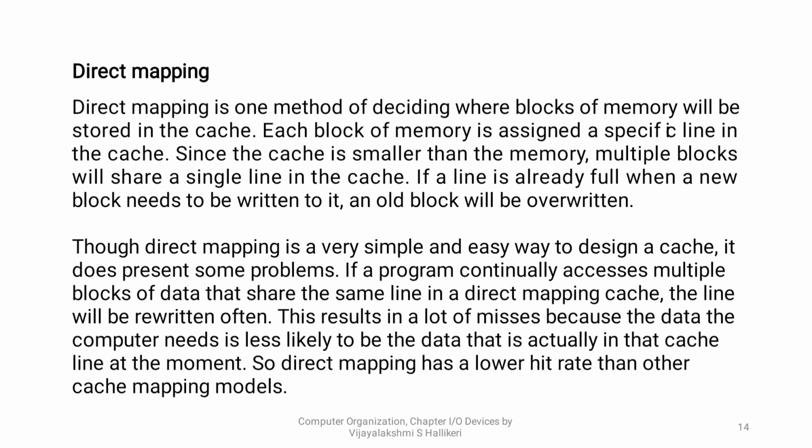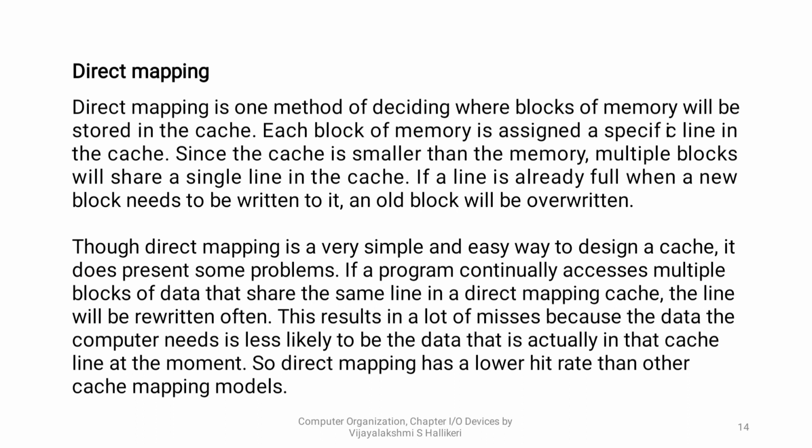So direct mapping has a lower hit rate than other cache mapping models, because what this is telling is, when the cache size is smaller, some lines are provided in cache where a block of data from main memory can be copied.